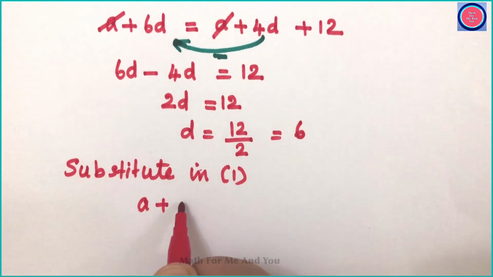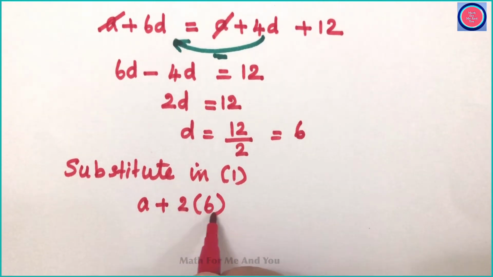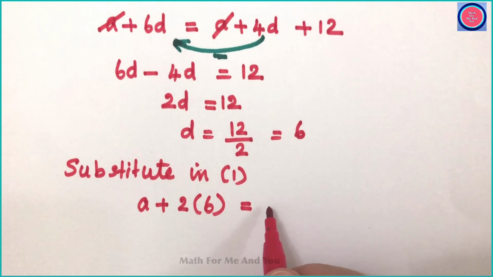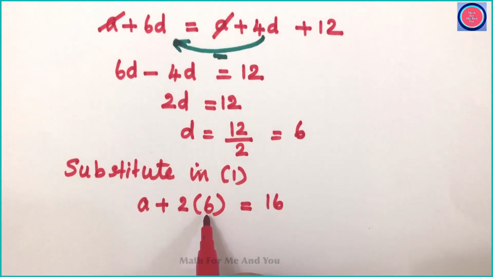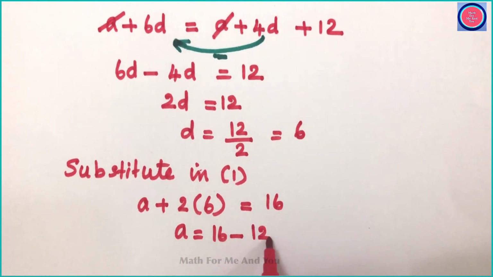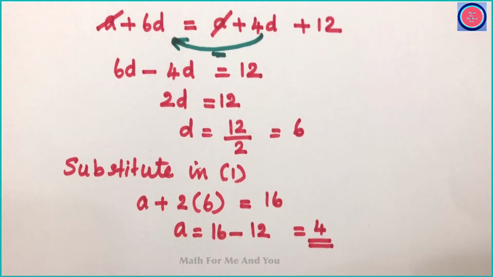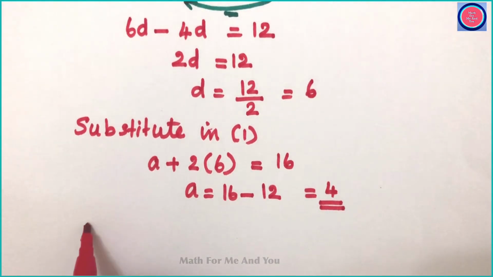In place of D, we can substitute the value 6. So we get A plus 2 into 6 is equal to 16. 2 into 6, 12. We can move to the right side. A equals 16 minus 12. How much is it? 4. So we get the first term A, that is 4, and the common difference is 6. So what is AP?